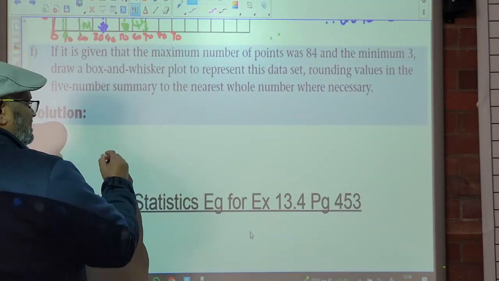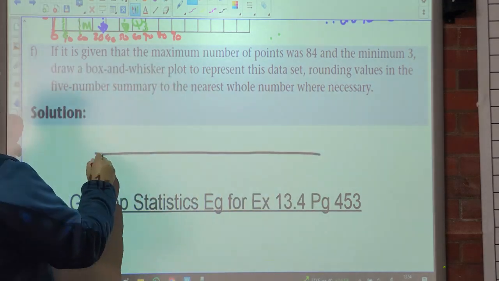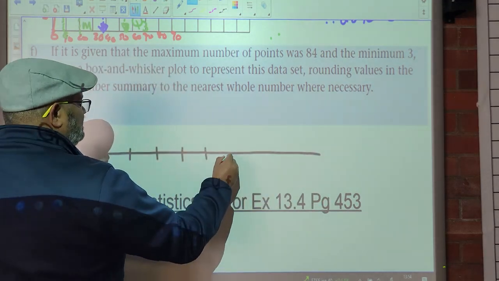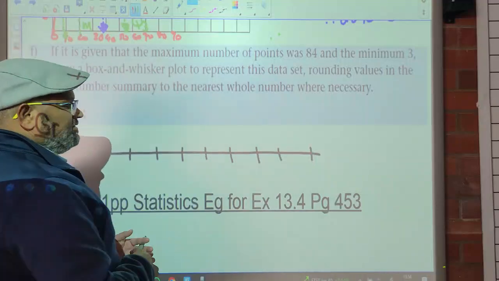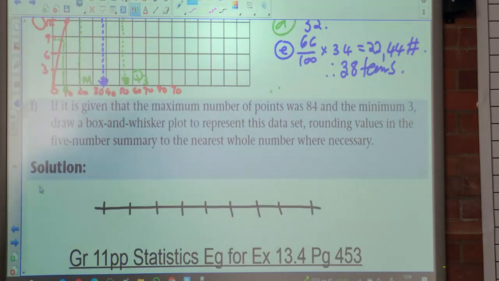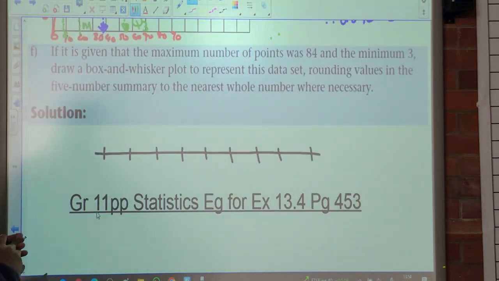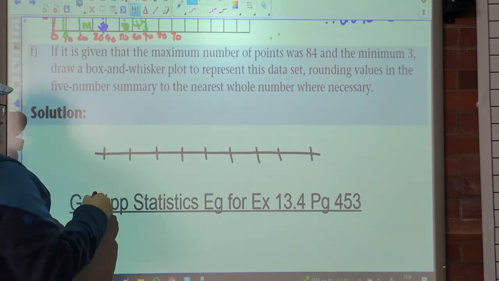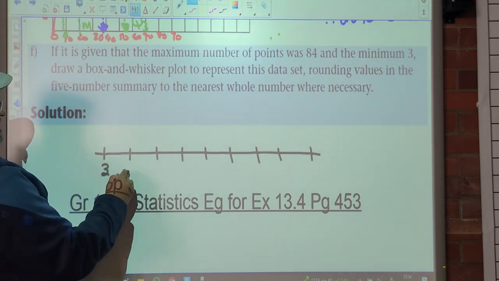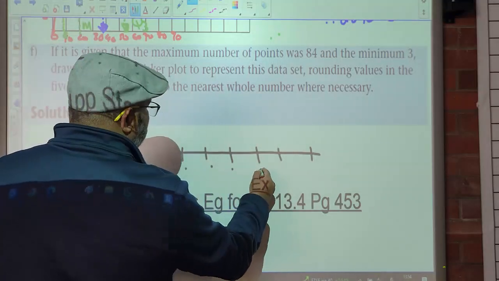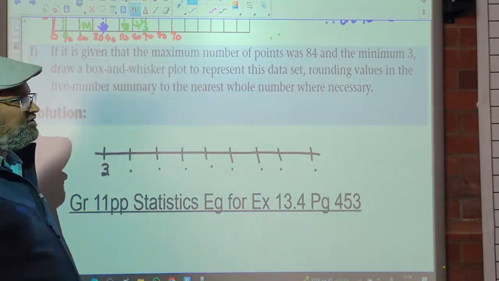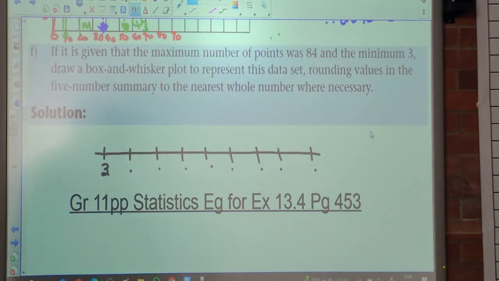So what I do is I draw the ruler again. The scale is very important on your box and whisker diagram. So if I start at 3, 6, 9, 12, 15, 18, 21, 24, 27. What's the maximum value here? 84. So 3s is not going to work.